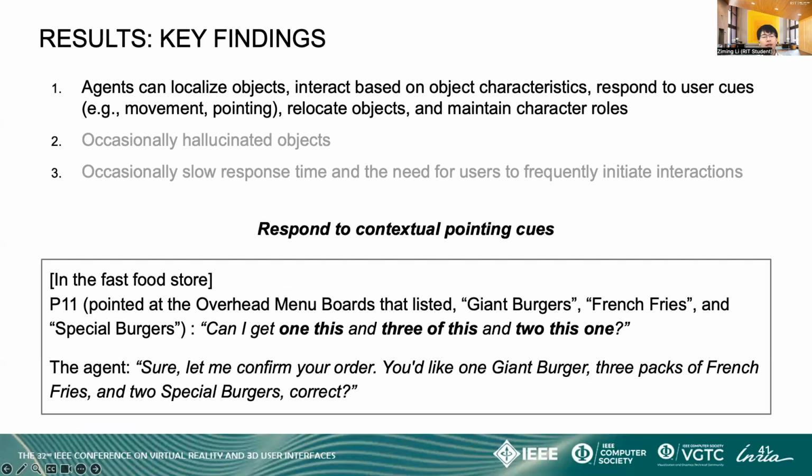In the fast food store scenario, we identify the agent can respond to participants' contextual pointing cues. Here, the participants point at a list of items, and the agents can successfully interpret this interaction.